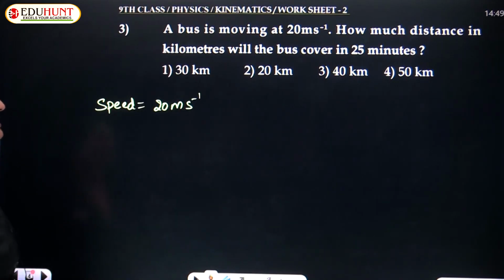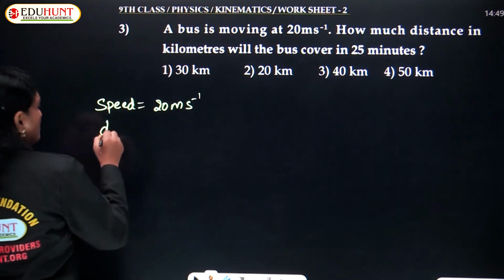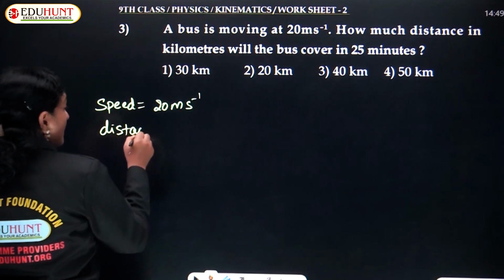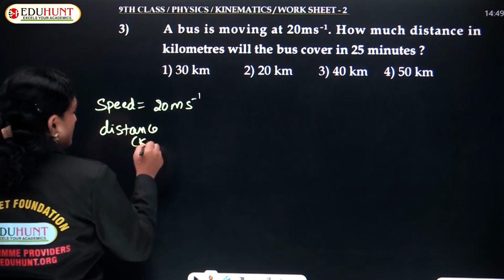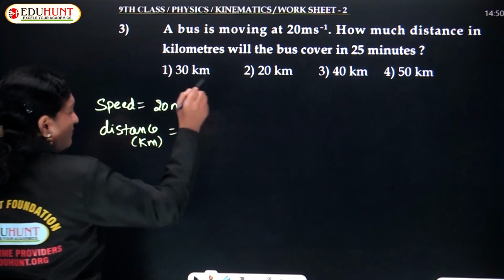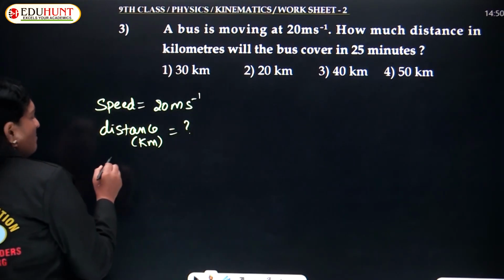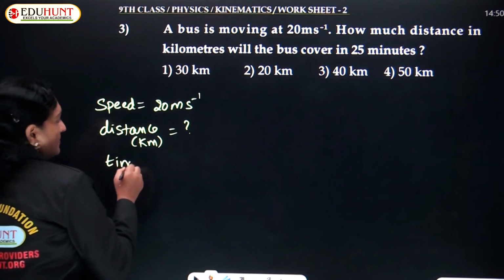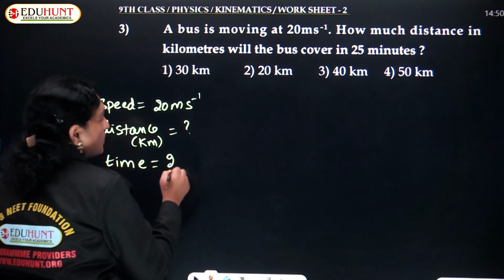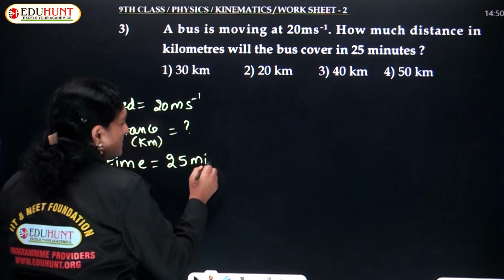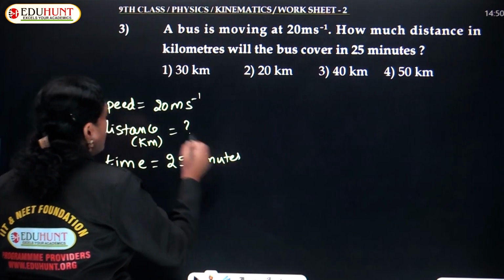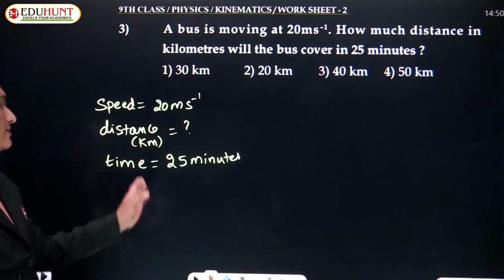How much distance in kilometers will the bus cover in 25 minutes? You are asked to find the distance in kilometers. And time you are given as 25 minutes. So earlier, speed is in meter per second and time in minutes.